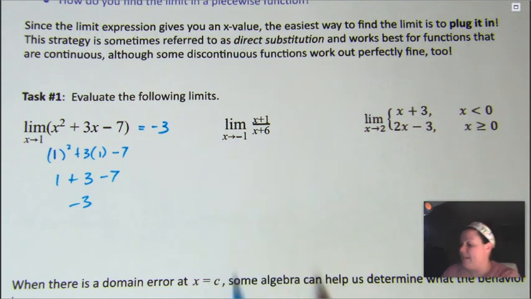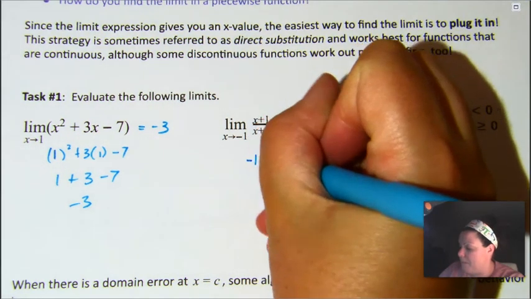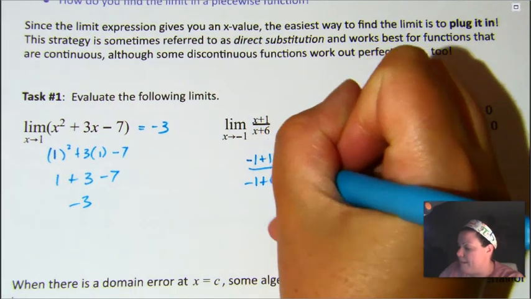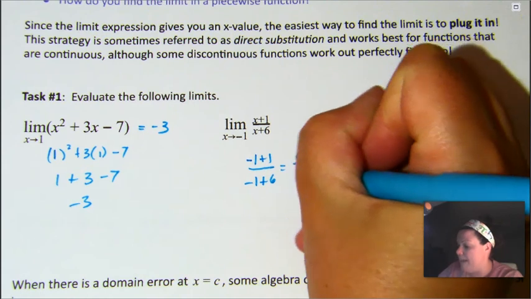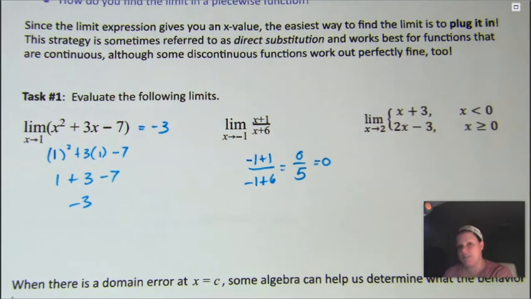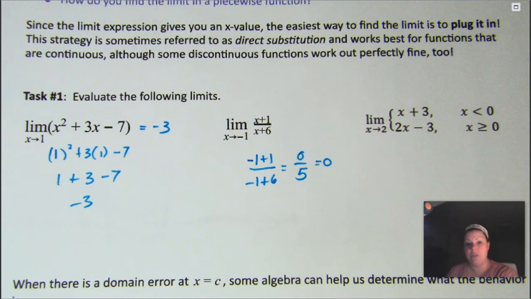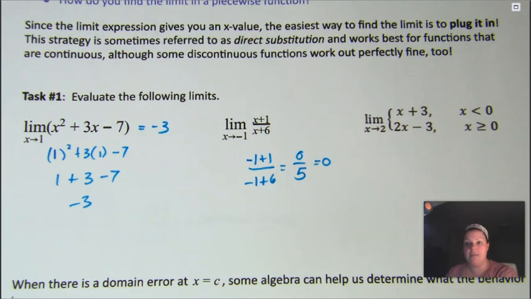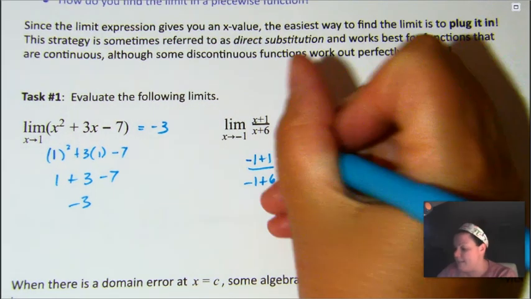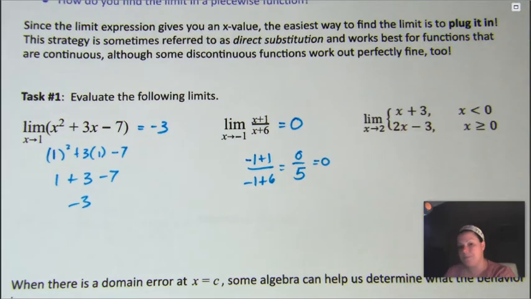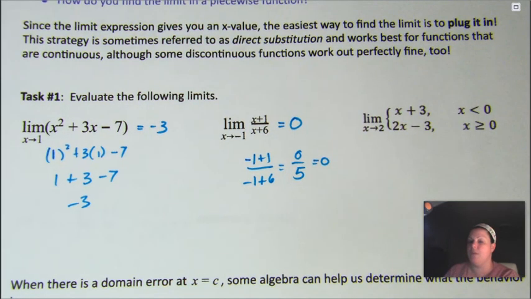So we're just going to plug that in. So negative 1 plus 1 all over negative 1 plus 6 ends up being 0 over 5. That is a grand total of 0. That is an actual value. It's a real value. And we're just going to say that the limit is going to be 0. So this is basically talking about the x-intercept of this particular rational function.